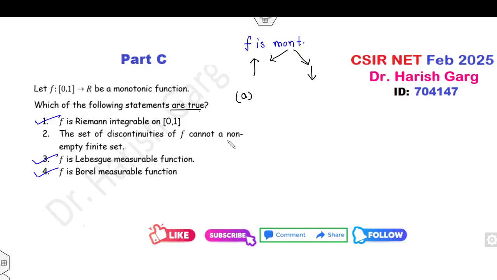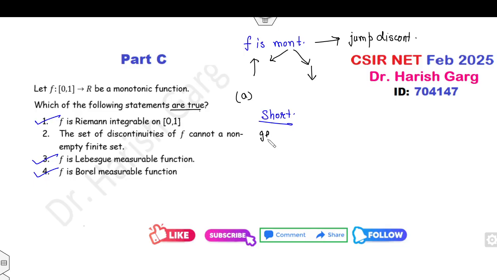Now, look at the second point, whether the set of discontinuities of f cannot be a non-empty finite set. So always remember, first of all, whenever it's a monotonic function, what kind of discontinuities do they have? They have only jump discontinuity. Fine.